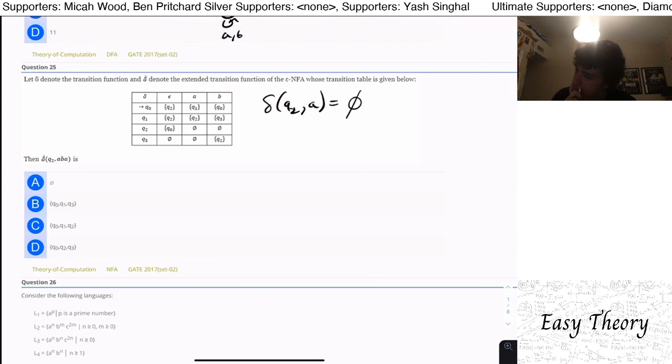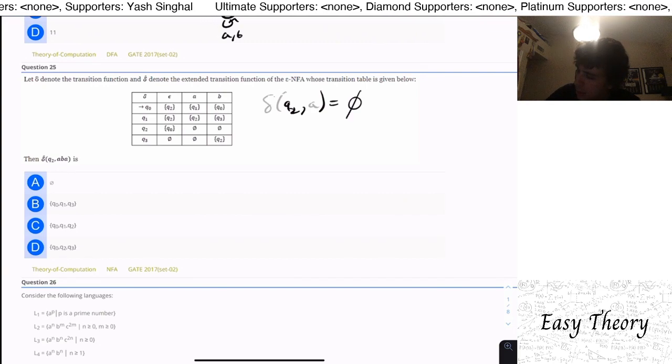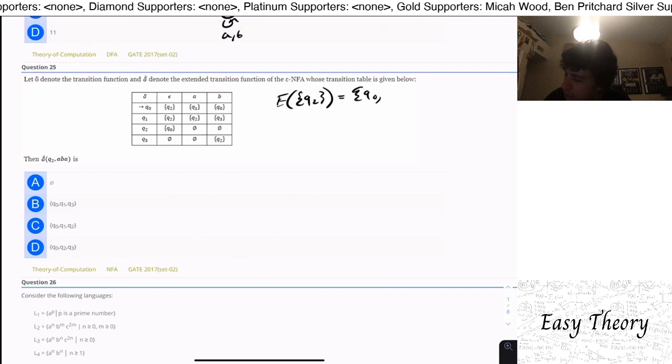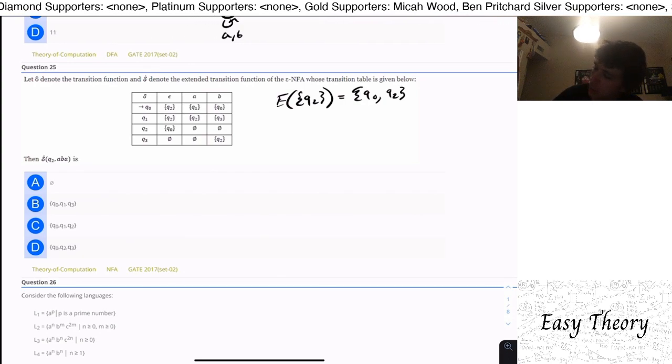Yeah, I must. Oh, okay, because of the epsilon transition here. So it goes to Q0. So the epsilon closure of Q2 is the set Q0, Q2, and it doesn't go anywhere else on epsilon.